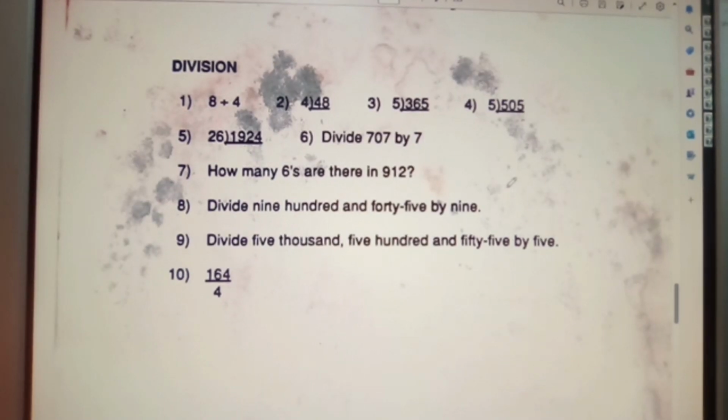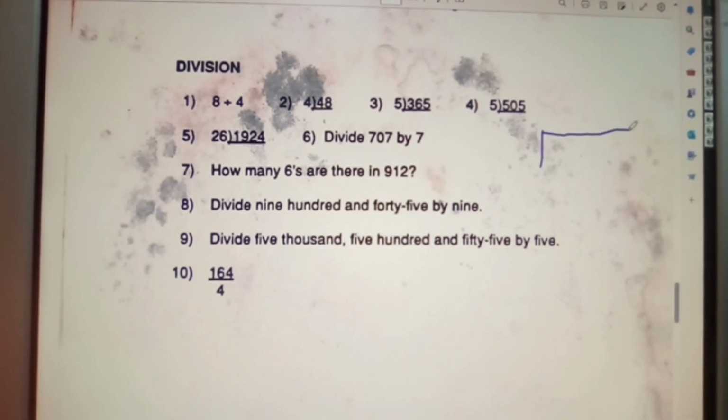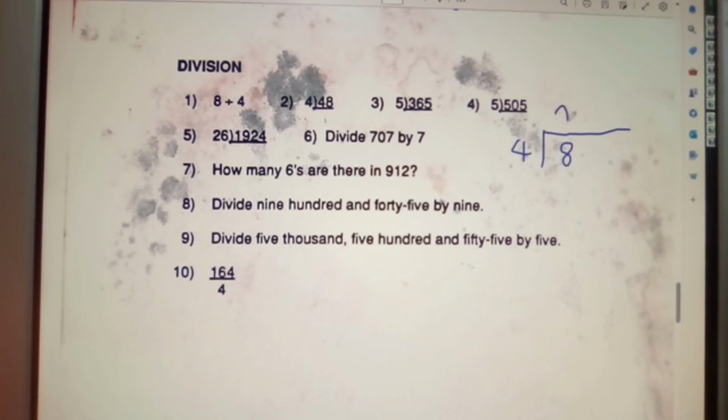But always write your division down when you're doing division in a bracket form. Use this kind of method so you can see the answer. So if we divide 8 by 4, the 8 will go into here, okay, and the 4 will go outside, and that will go twice, okay.